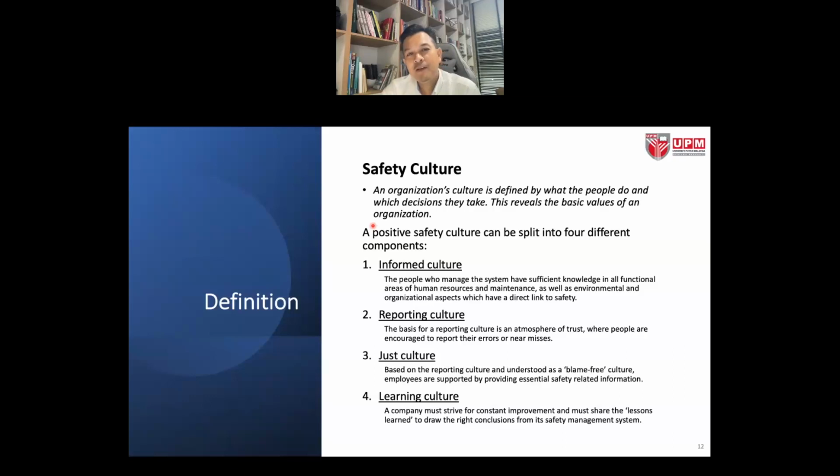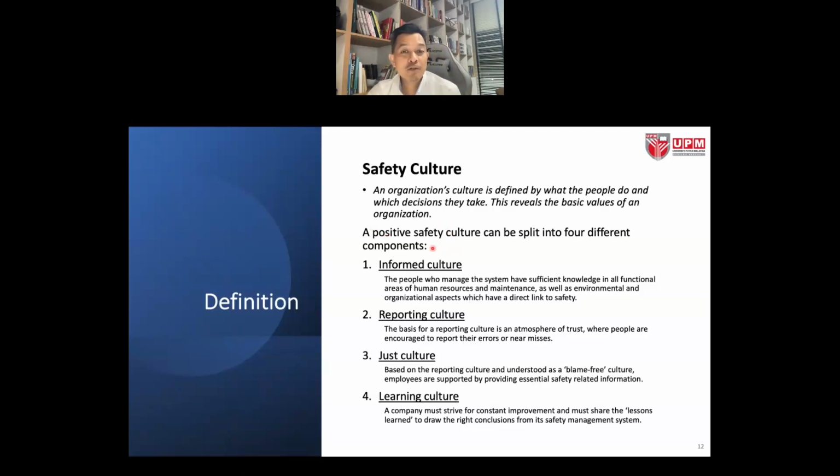But if there is no safety audit being conducted, you can see many people just walk everywhere without going through the dedicated pathway for the safe zone. That means the company does not have a culture of safety. They only have a culture of safety during the audit process. So that is not a culture that we want to inculcate in the aerospace industry.